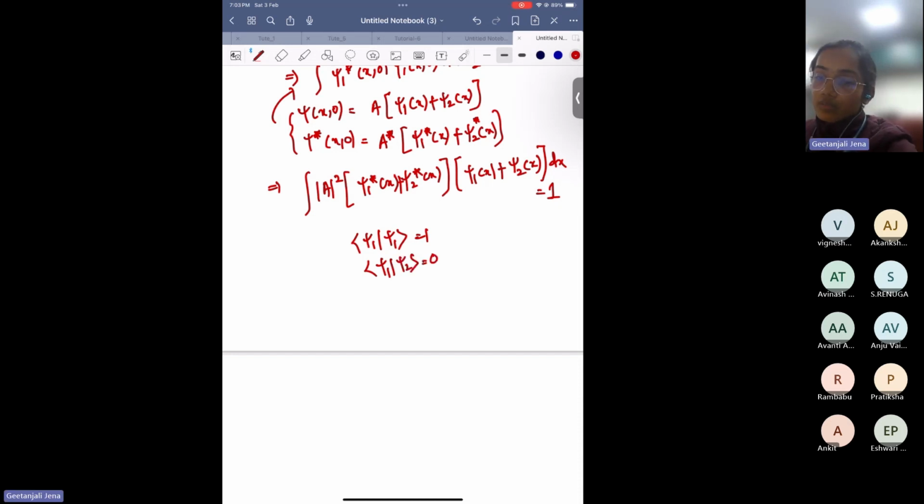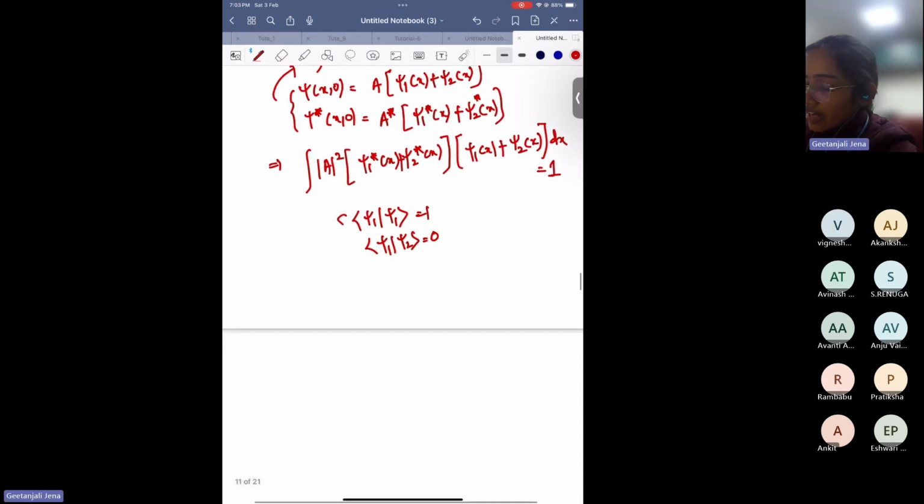This is valid within the region where the particle is confined. Let's say it is confined between 0 to L. So within 0 to L, this equation will be valid.